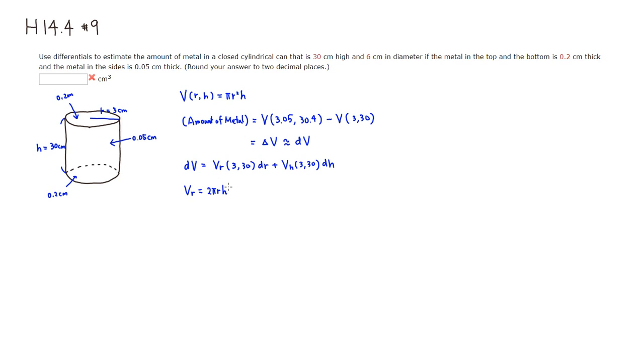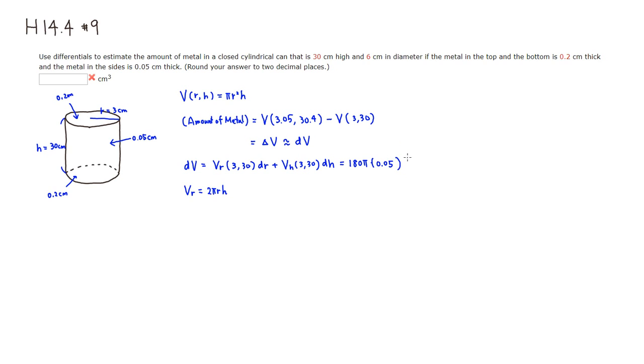If you plug in 3 and 30, 3 times 30 is 90, and with the 2 pi, it's 180 pi, times dr. dr is just the thickness of the wall, the metal, so it's multiplied by 0.05.